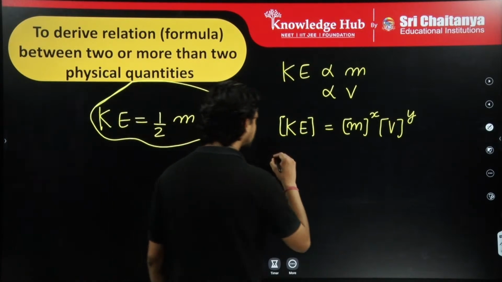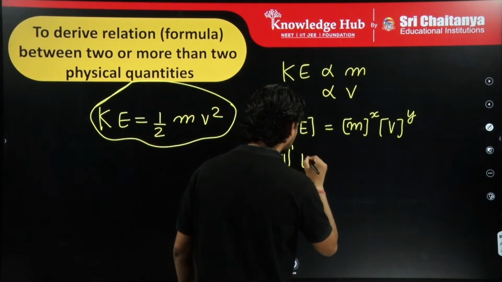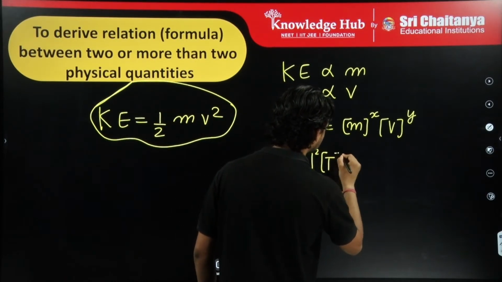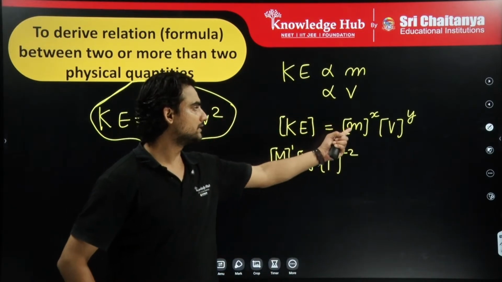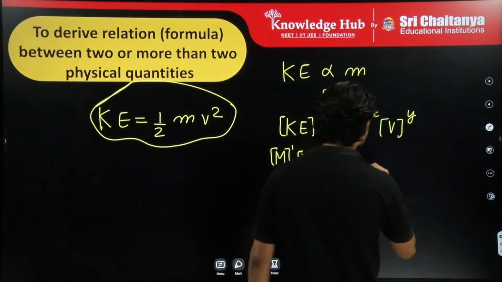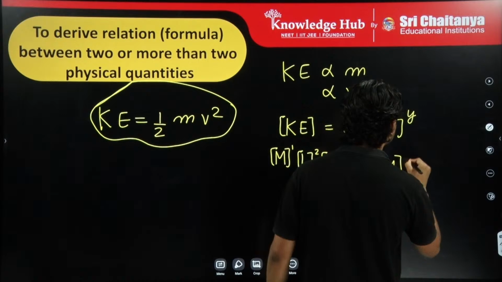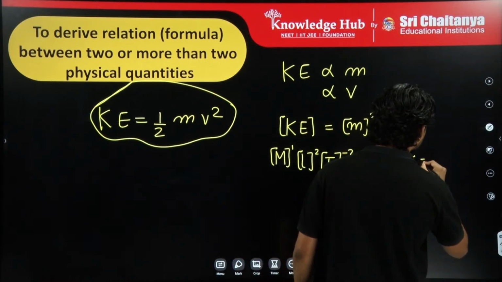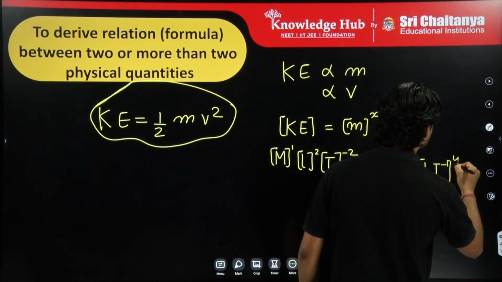If you remember, it is M raised to 1, L raised to 2, and T raised to minus 2. Now this is mass, which is kg, capital M, so M raised to x, and this is velocity, L T minus 1 raised to y.